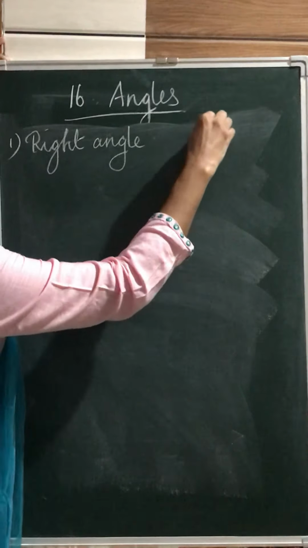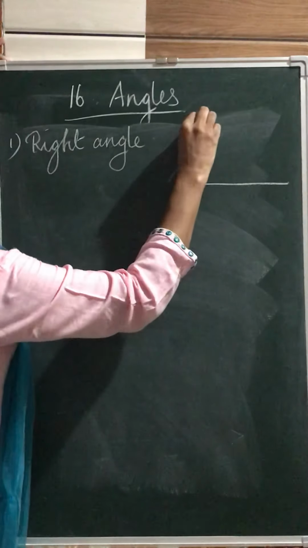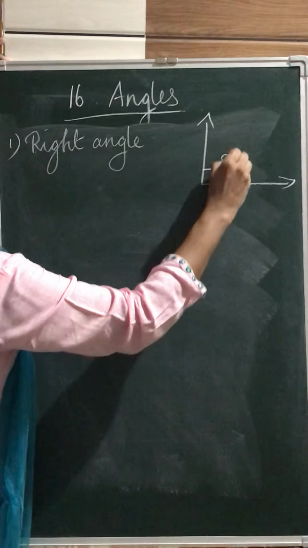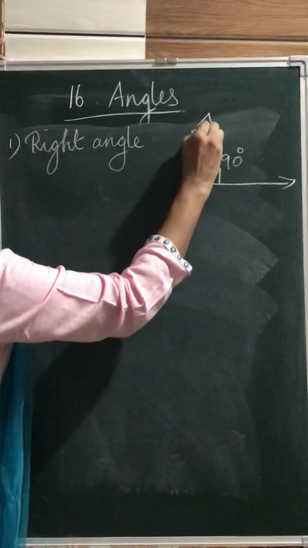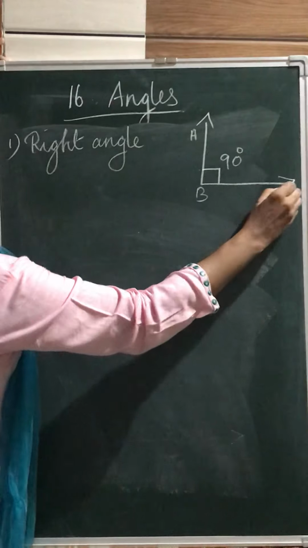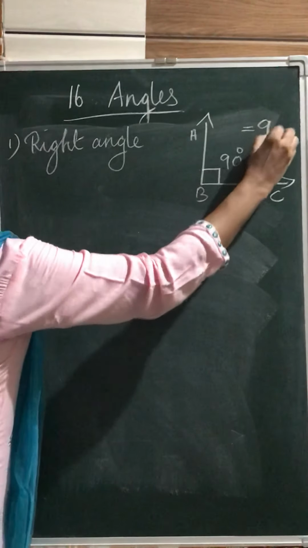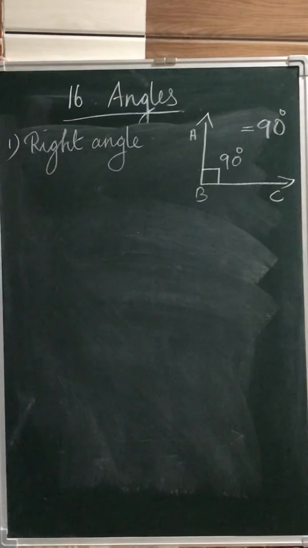Right angle is an angle with 90 degree measure. 90 degree means perpendicular line. 90 degree measure is known as right angle. Equal to 90, then it is right angle.